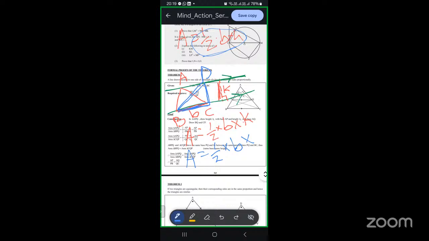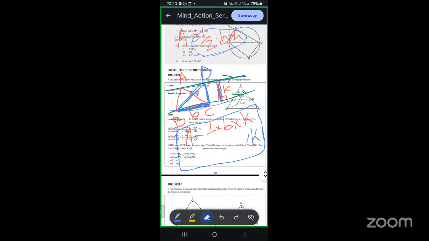Because this triangle is still between those parallel lines, it will take this height K. Now we have shown diagrammatically that triangles with the same base, in this case BC, between parallel lines have the same area. Does it make sense now to everyone, guys? Yes, it does. Yes, sir. Okay, thank you, guys.